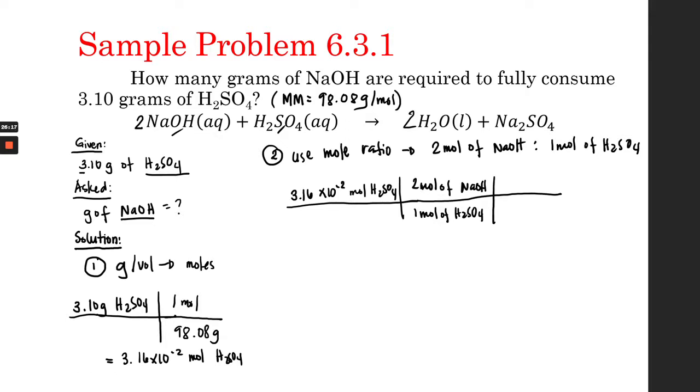So yeah, this is it. We can cancel this now, we can cancel this. Then we multiply, which gives us about 6.32 times 10 raised to negative 2 moles of NaOH.